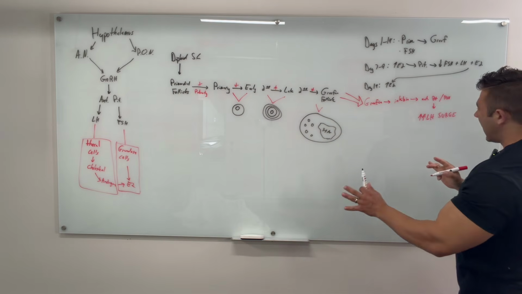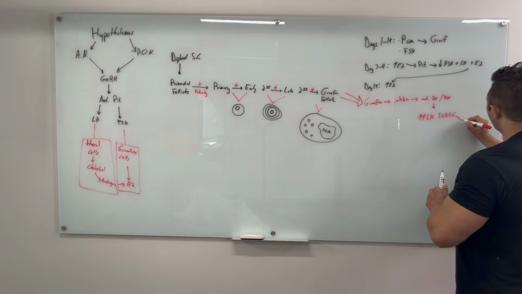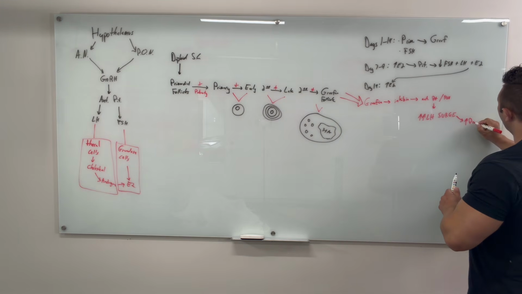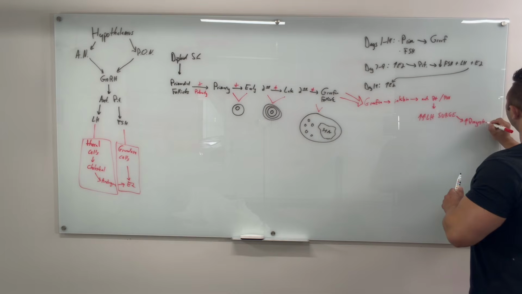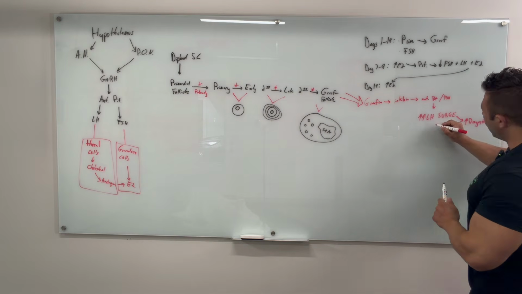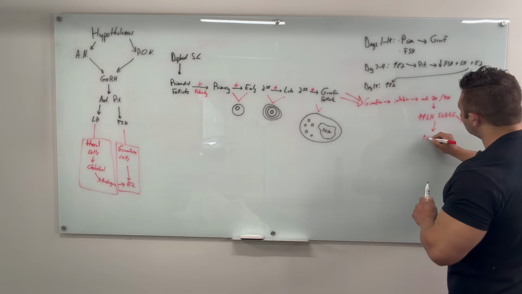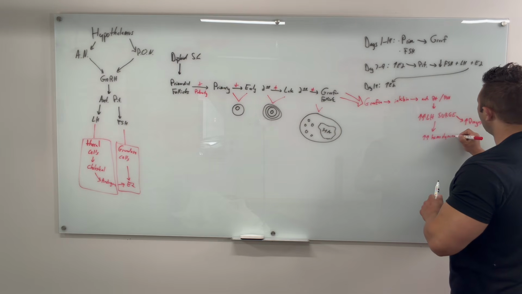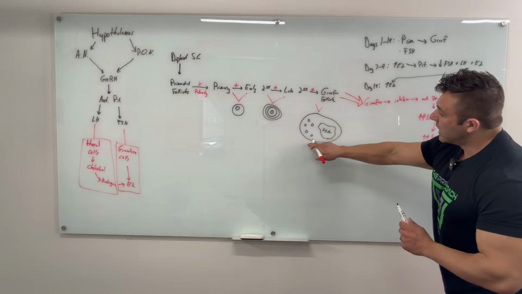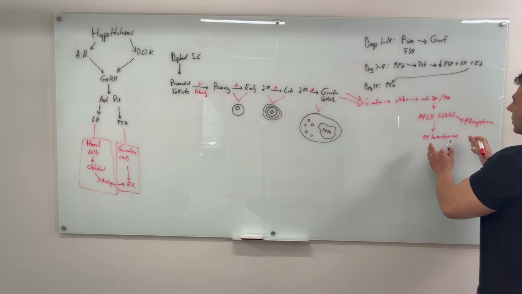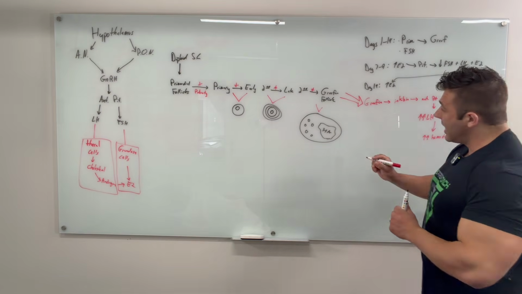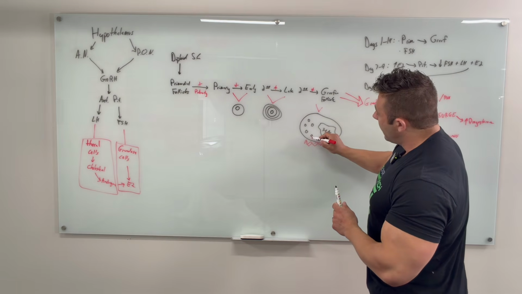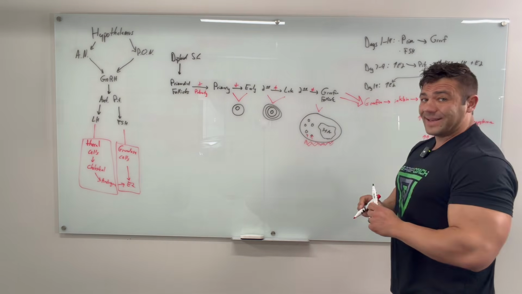Now, this process will bifurcate into a couple things. Number one, it's going to massively drive up progesterone. Also, it's going to increase what we call hemodynamics to the lower portion of the Graafian follicle. That LH surge is going to start pushing blood all the way down here, and it's going to start popping out all those little eggs.